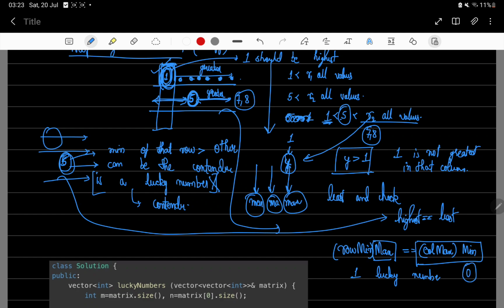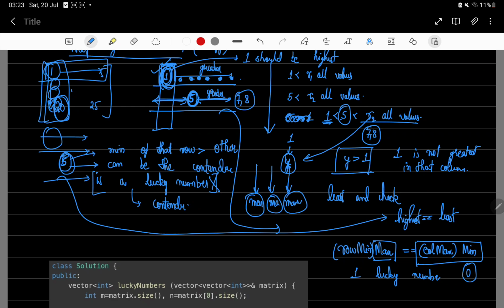Because we can again take the same case, right? If we take 1 to 25, and I'm considering monotonic behavior, so 1 to 5, and this can be something like 20. In this monotonic behavior, what can we say? In any row, this is the least, and for the column this is the highest.